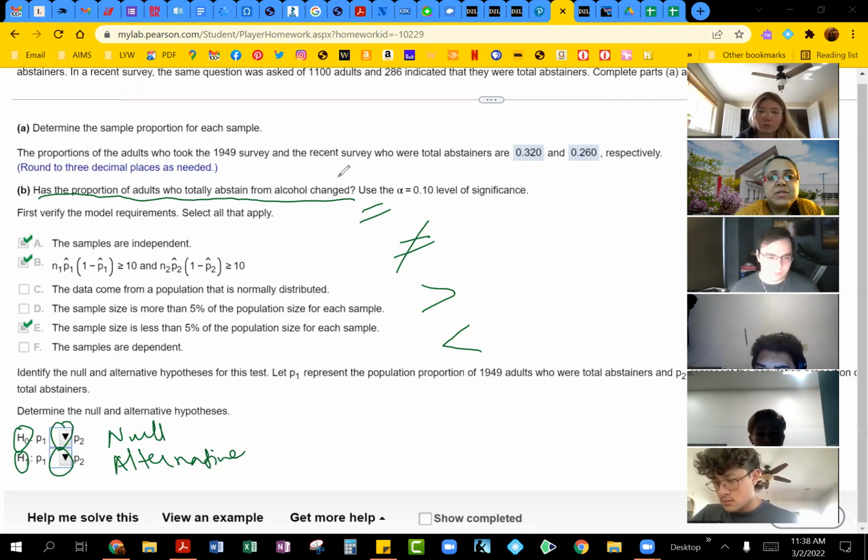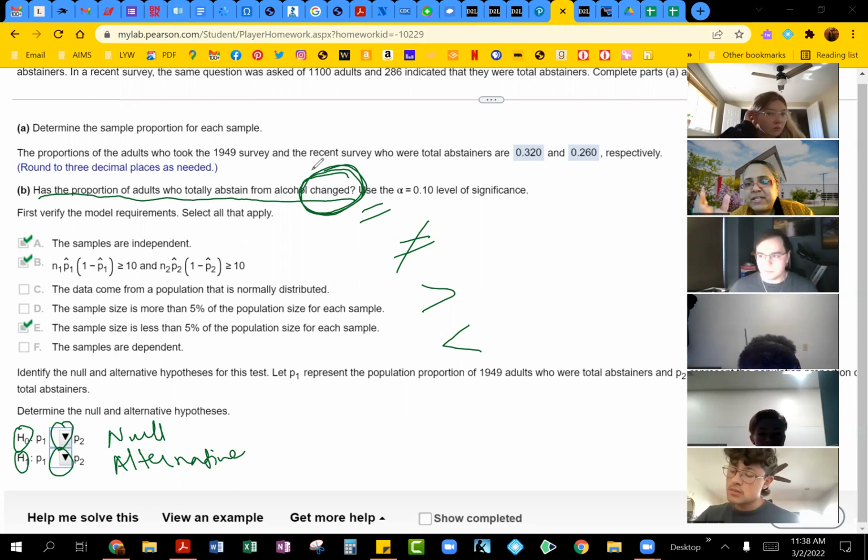Very nice, Cody. Yeah, so when they're talking about has the proportion of adults changed, we don't know if they're talking about has it increased or decreased, because remember, in one of the examples we had seen, they had actually said, has your proportion increased or has your proportion decreased? So in that case, you would use the greater than, less than symbol.